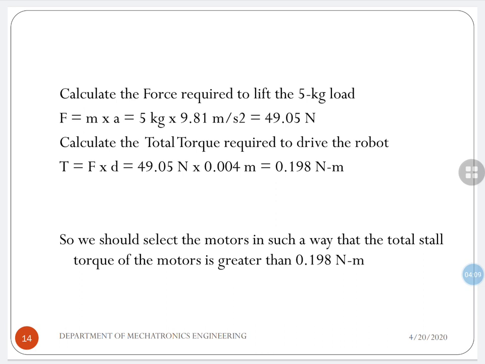So force 49.05 into the radius of the shaft, which is 0.004 meter, gives 0.198 newton meter. Since there are two motors, the total torque given by the two motors as a whole should be greater than 0.198 newton meters.